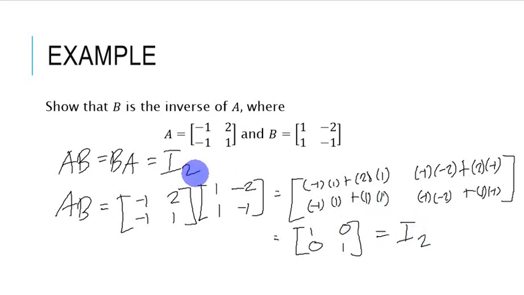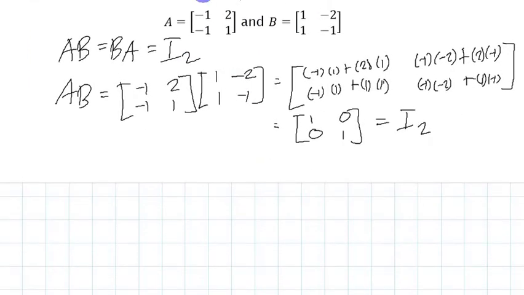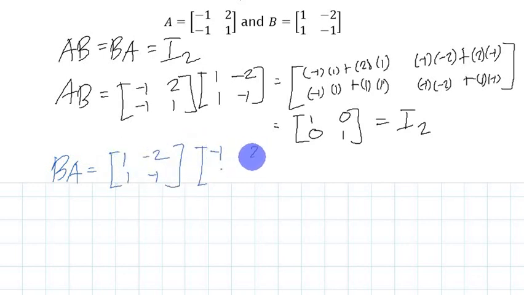If we can show that B times A is also equal to this, then we have shown that B is the inverse of A. So let's just bring that up. BA will now be equal to 1, negative 2, 1, negative 1, multiplied to negative 1, 2, negative 1, 1.